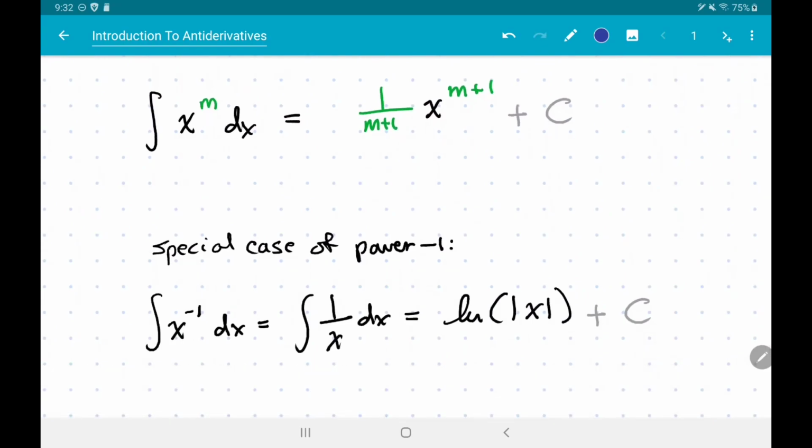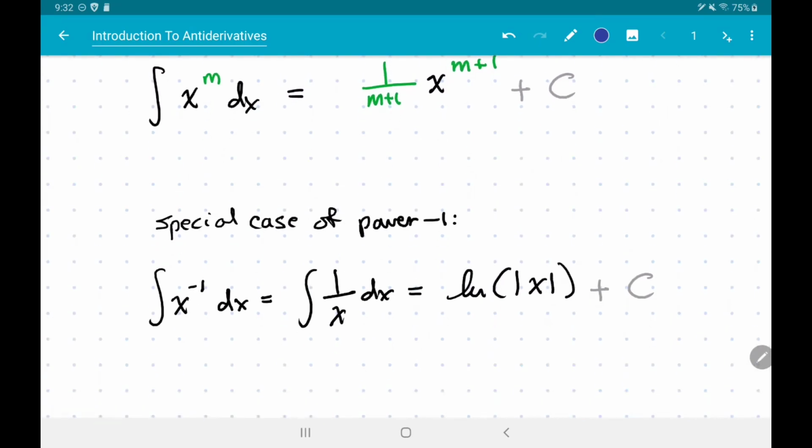So here is the power rule in the case of power minus 1. The antiderivative of power minus 1, which by the way is the same as the antiderivative of 1 over x, is the natural logarithm of x. Now, for sort of technical reasons that I can get into, you need absolute values here.